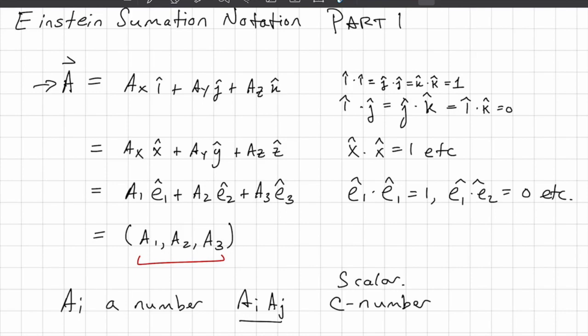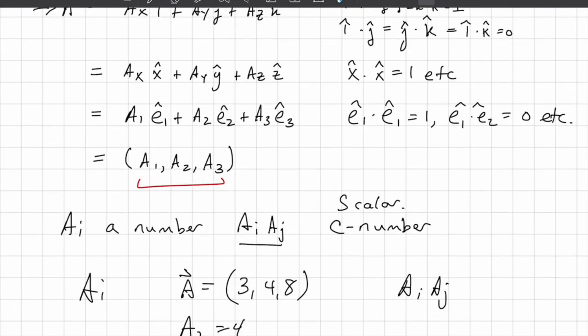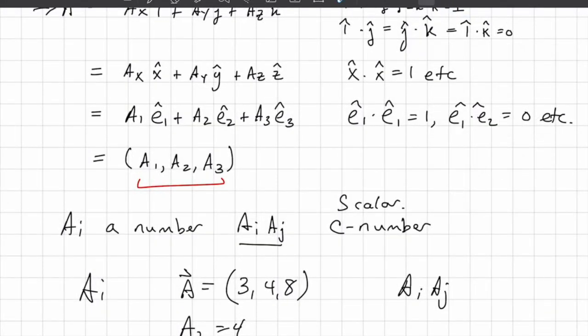So the first thing is, if I just say A sub i, what is that? Well, it's just a number. If I had a vector A that was 3, 4, and 8, and I said A sub 2, that would mean 4. But what's really important to keep track of through this conversation is that when I say A sub i, I simply mean a number.